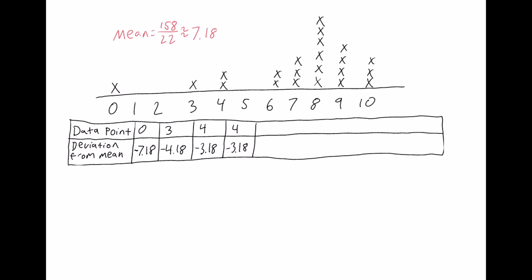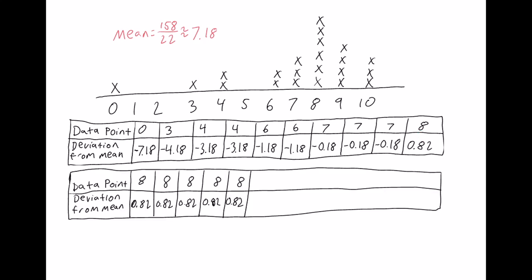So I did the same thing with the 6s and the 7s. The 6s were negative 1.18 away. The 7s were negative 0.18 away. And I'm running out of room, so I'm going to add part down here. But now we're on the other side of the mean, so we're going to be in the positive range, starting with 8. So we have one 8 up here, and then the rest of the 8s down here.